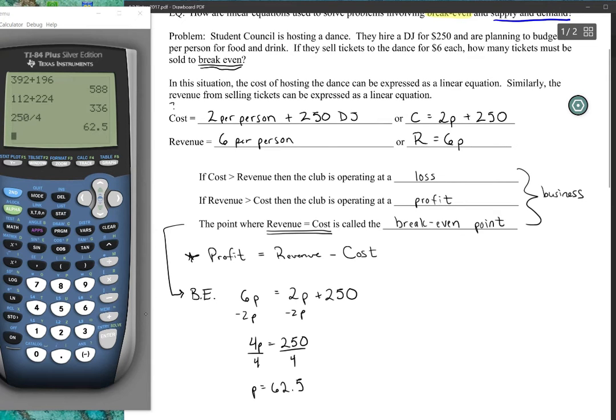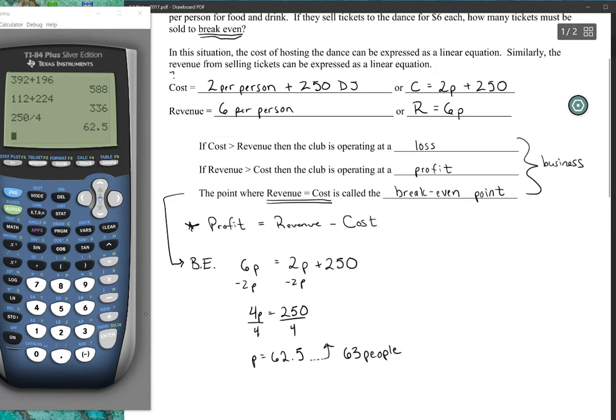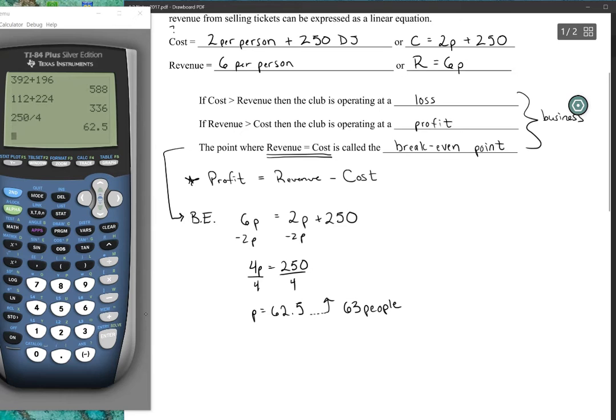Now with people, we're going to round up to 63 people must attend in order to break even. Can't be 62 because you'll be at a little bit of a loss. With 63, yes, you have a slight profit, but between everything, 63 people in order to break even.